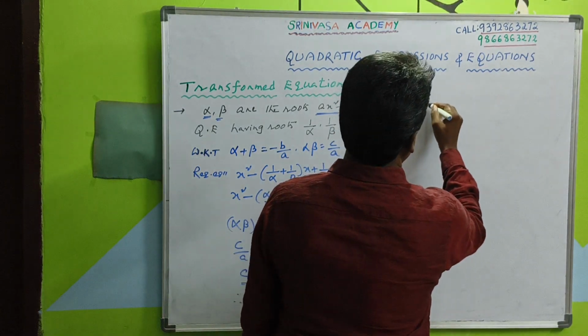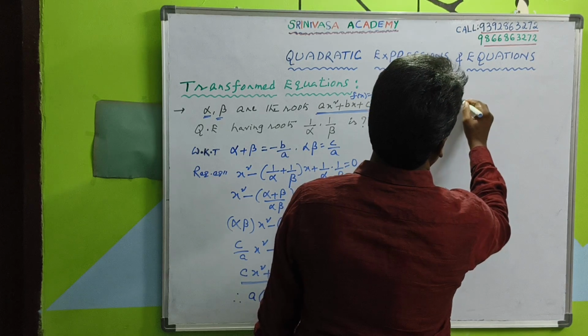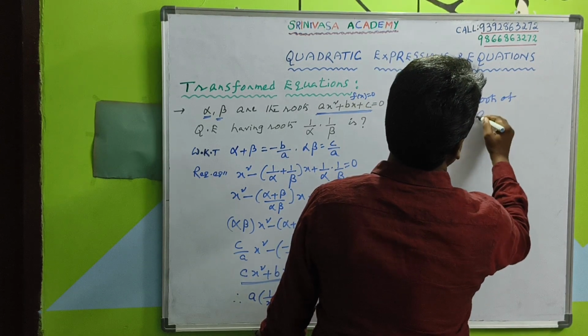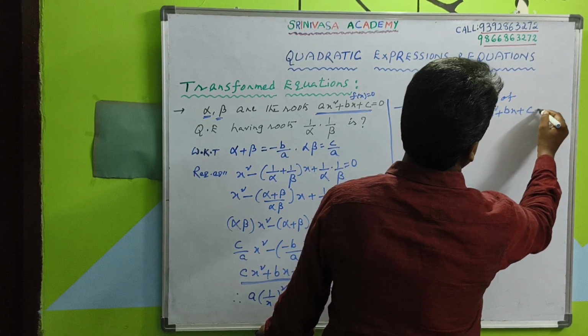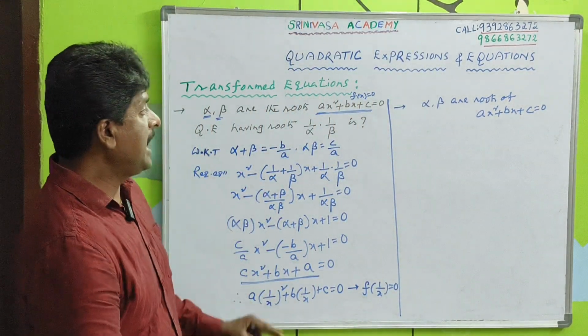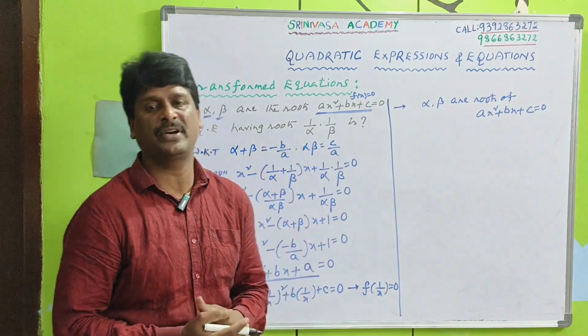Given that alpha, beta are roots of ax square plus bx plus c is equals to 0. Okay, we have to form a quadratic equation having roots 1 by alpha, 1 by beta.